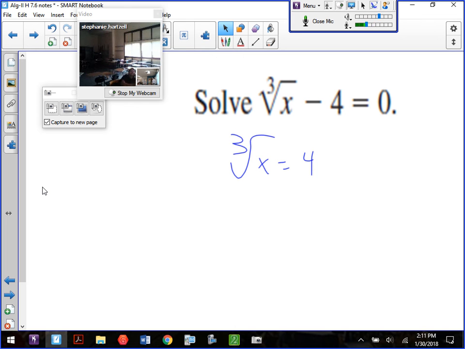How about cubing? So the cube root of junk cubed is junk, and 4 cubed is 64. Be on your merry way.